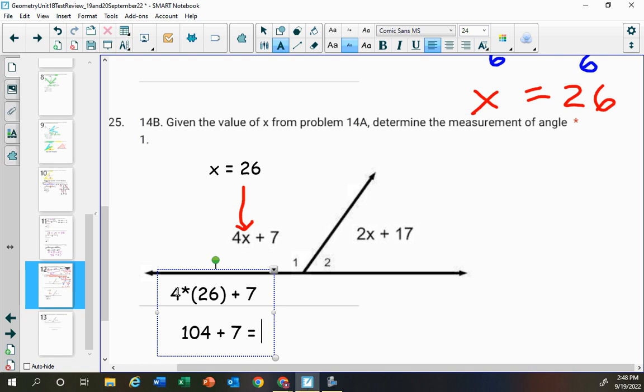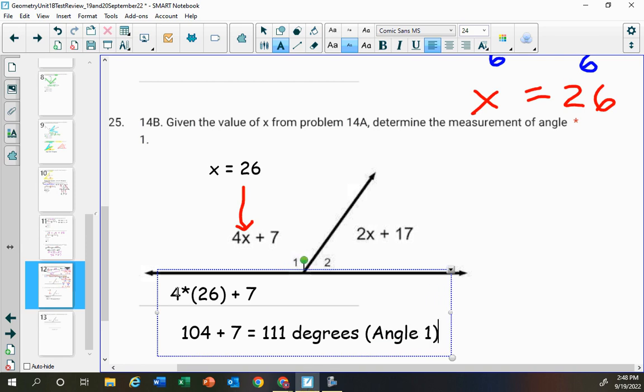How much? 111. All right. Since we have 111, we're going to have 180 and subtract. Yep. So for the very last one, 69. Yep. Angle 1 is going to be 111.